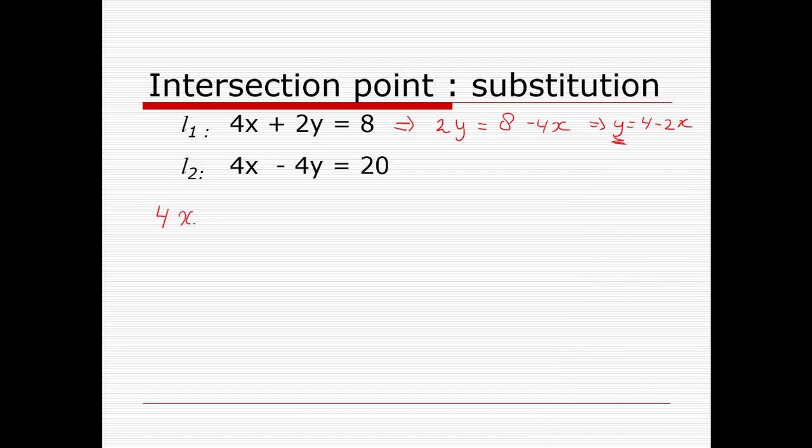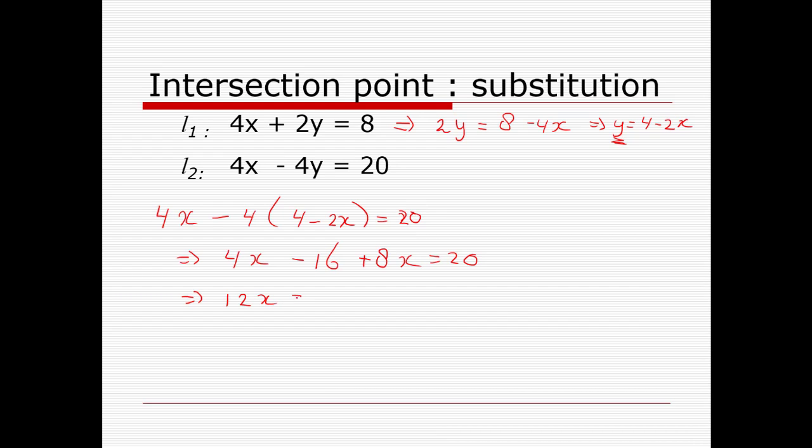So in L2, 4x minus 4 times (4 minus 2x) equals 20. So 4x minus 16, and minus 4 times minus 2x becomes plus 8x, equals 20. So 12x becomes 36, as the -16 goes to the other side. So x becomes 3.